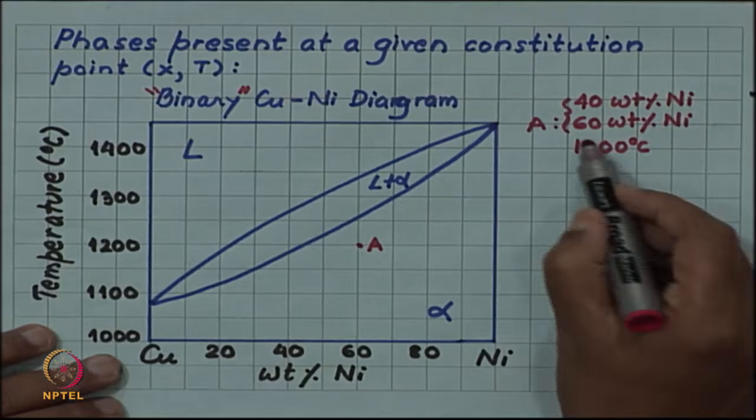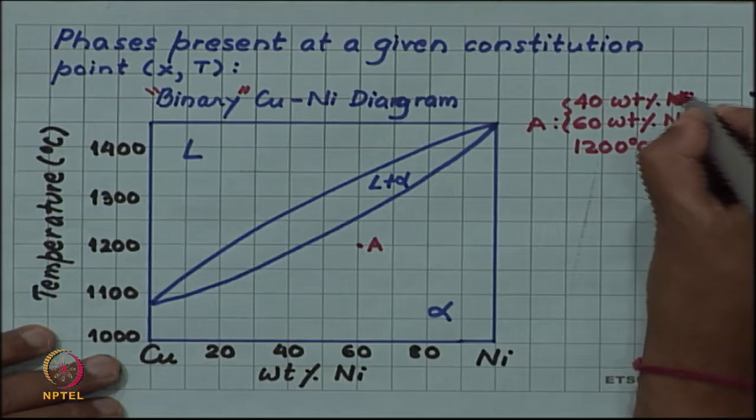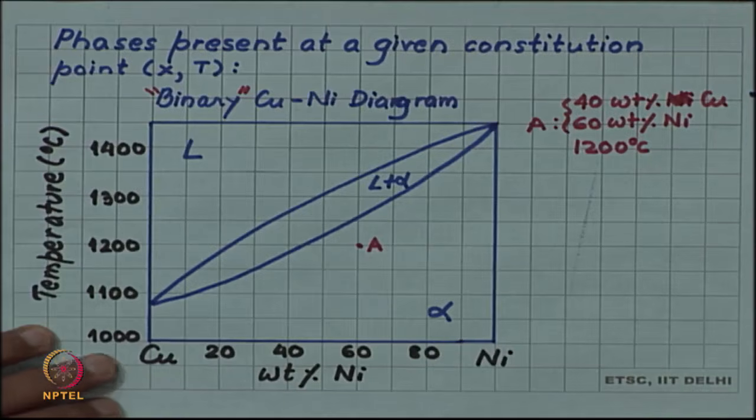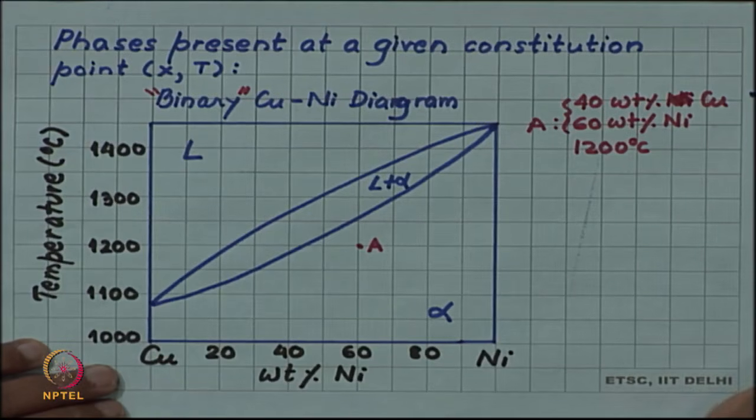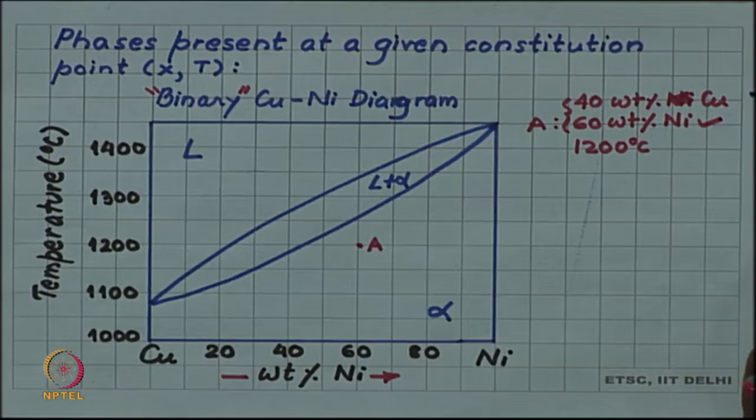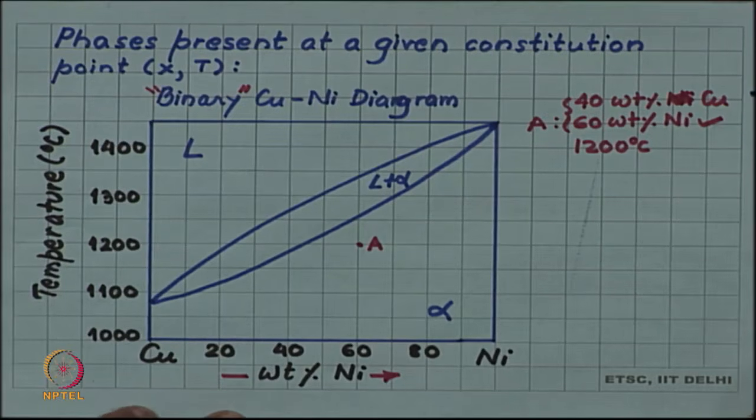So, 60 weight percent nickel, 40 weight percent copper. Either of them you can give, but since we are using weight percent nickel as our composition axis, we will give 60 weight percent nickel as the composition of this alloy.